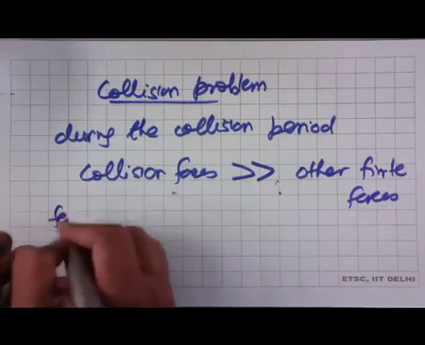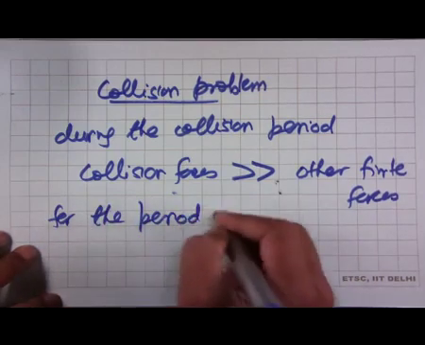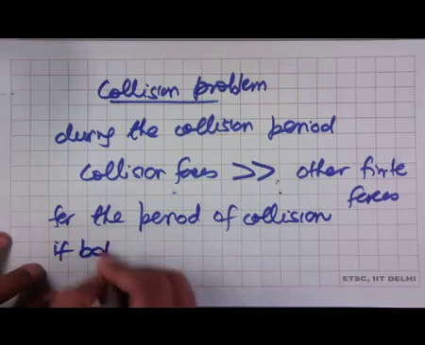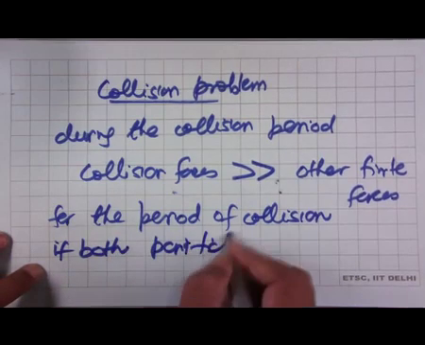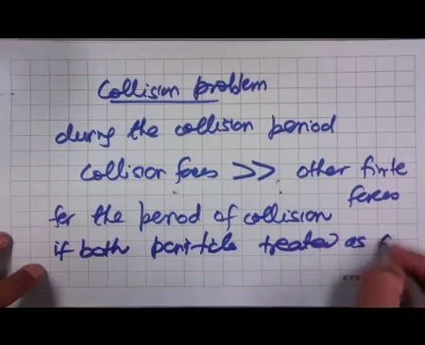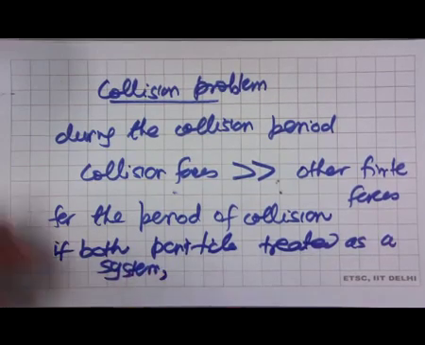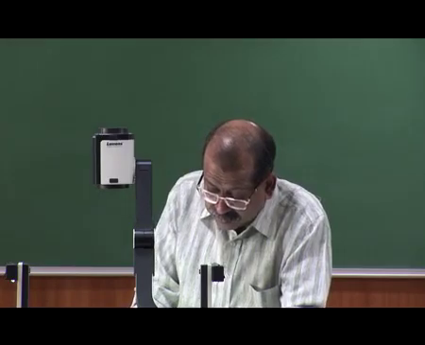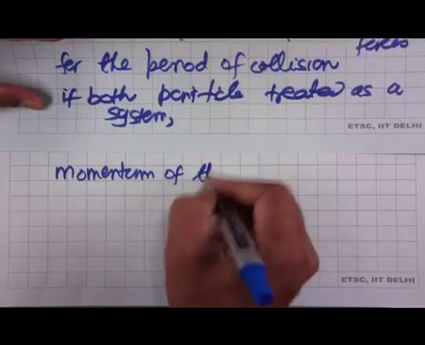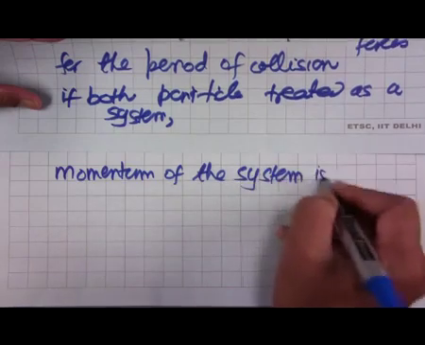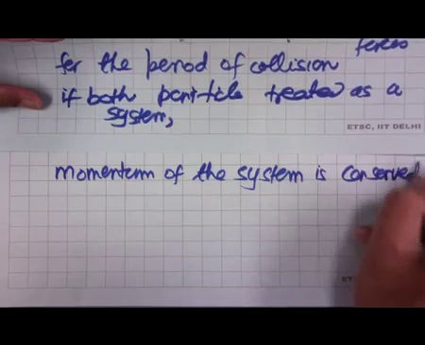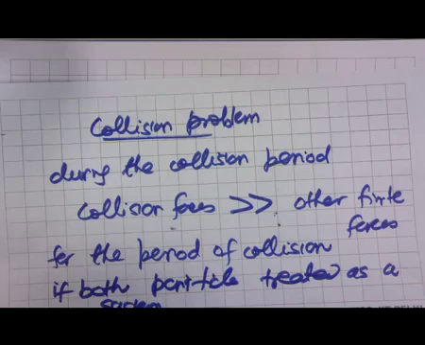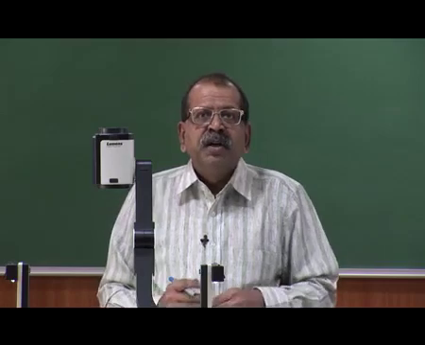So for the period of collision, if both particles are treated as a system, then during this interval the momentum of the system is conserved. That is, we get the initial momentum is equal to the final momentum. So, this was the principle of conservation of linear momentum.